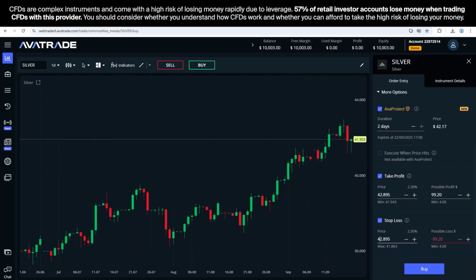Now, if we compare it with the fee, which is $42, it kind of makes sense to pay $42 and protect a $100 loss, or to pay 42 and be able to make 100 safely. It's quite nice.